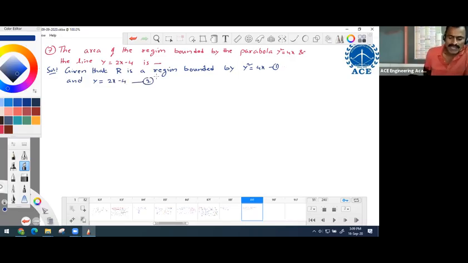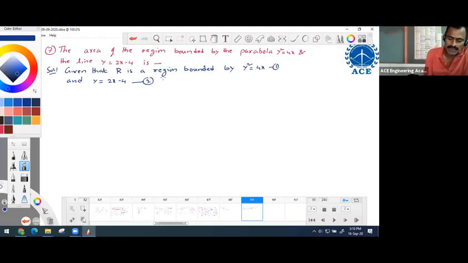Now to find the area of this region, first you have to draw the diagram. For drawing the diagram, we should know the boundaries, or the points of intersection of these two curves. Let us solve these two for the points of intersection of the curves. Substituting 2 in 1 or 1 in 2, we can find the x, y values so that we get the points of intersection.